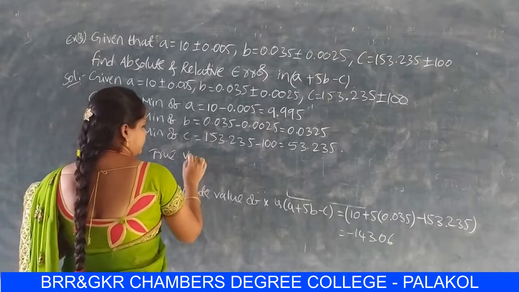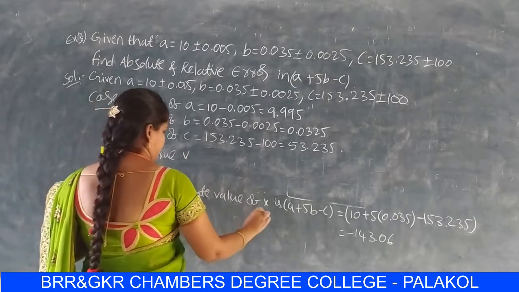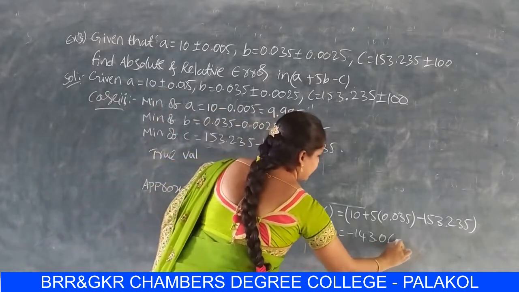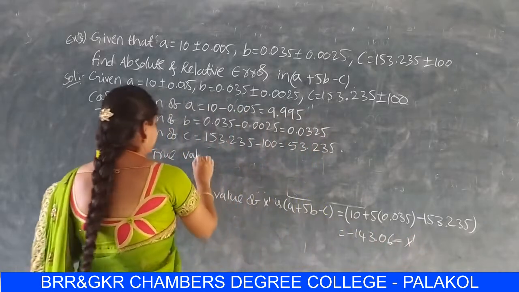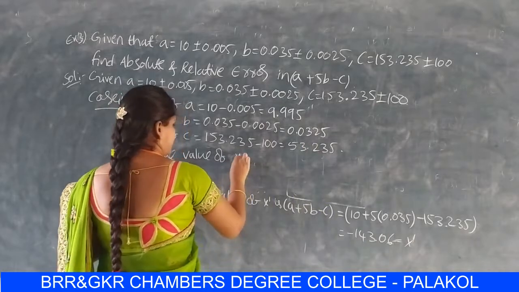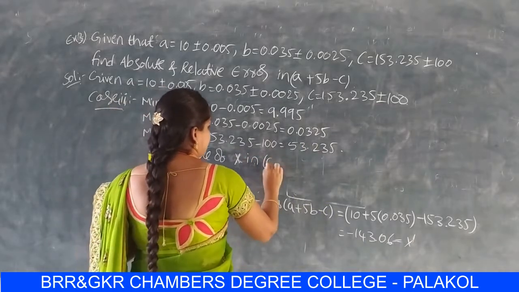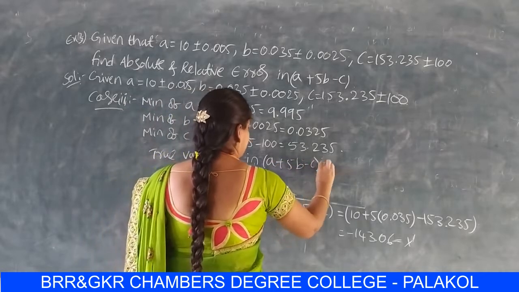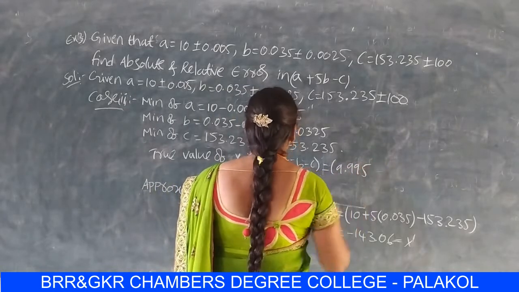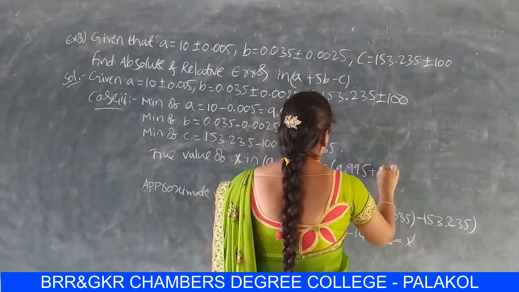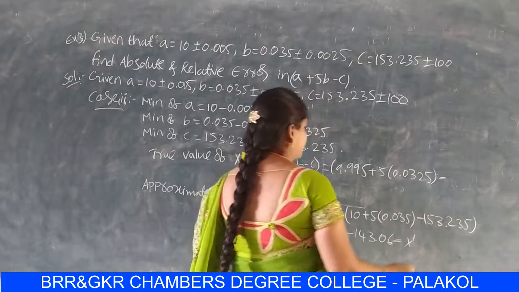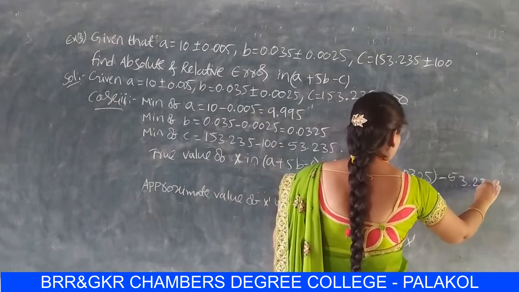of x in the minimum case, A plus 5B minus C. The A value is 9.995 plus 5 into 0.0325 minus 53.235.